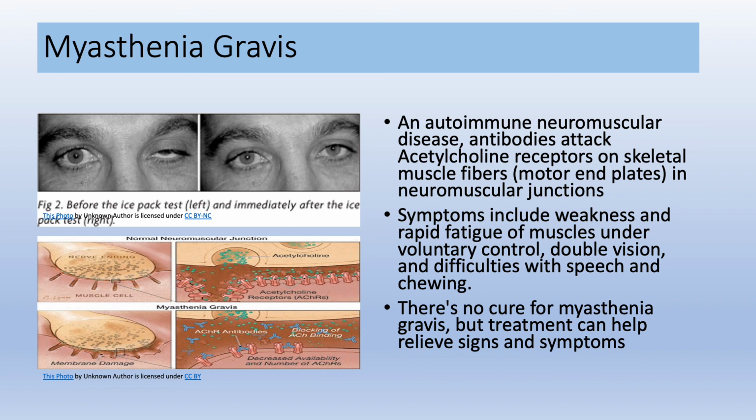They may have double vision, droopy eyelids, and difficulties with speech and chewing. The severity of the symptoms depends on how many acetylcholine receptors are destroyed. There is no cure for myasthenia gravis, but treatment can help to relieve signs and symptoms.